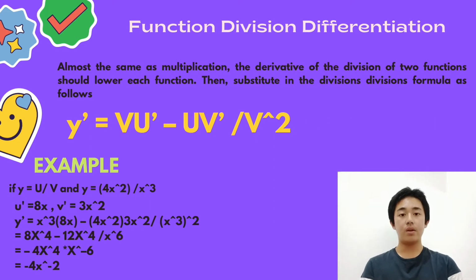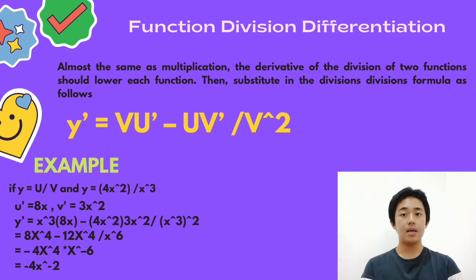Y prime, or derivative of y, equals x cubed times 8x minus 4x squared times 3x squared. But remember, we have to divide by x cubed squared. So next is 8x to the power 4, minus 12x to the power 4, divided by x to the power 6.